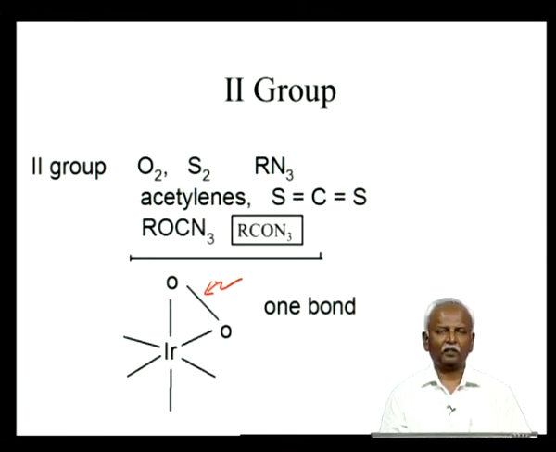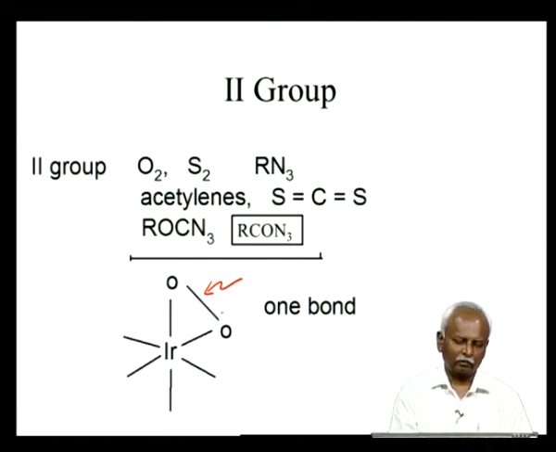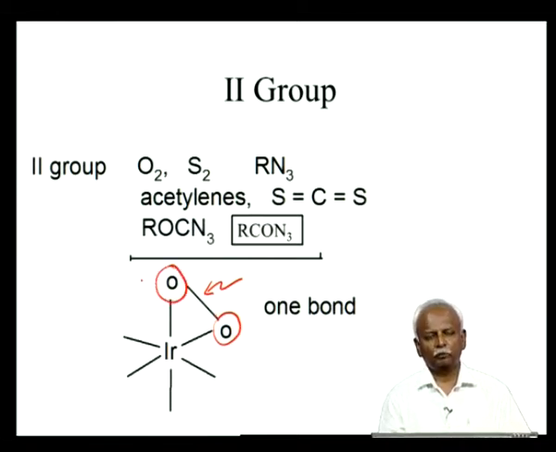That means that this molecule can add only in a cis fashion to the metal complex. So, in other words, at the end of the reaction, in the product, you always find the two parts of the molecule which are adding, so there is oxygen here and oxygen here, both of them in the cis position in the final complex.